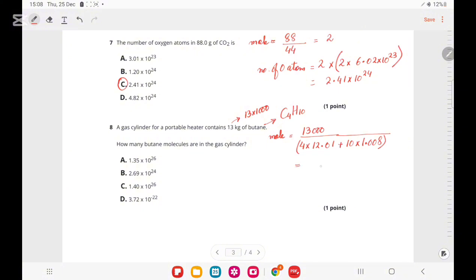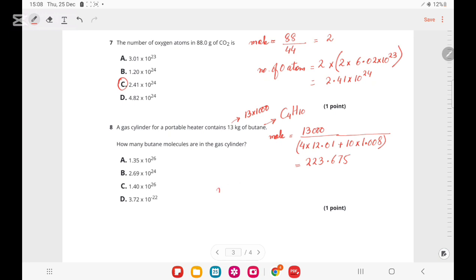So how much does the mole come out to be? First find out the moles here, and they come out to be 13,000 divided by the total, which is 58.12, and that is 223.675.